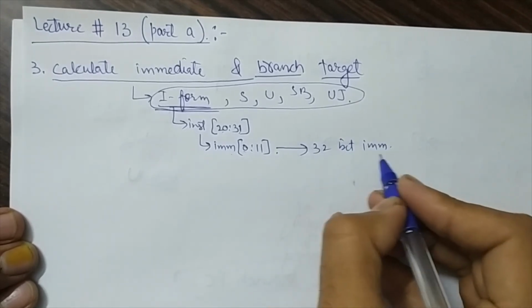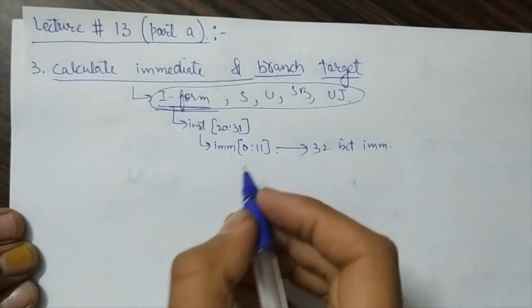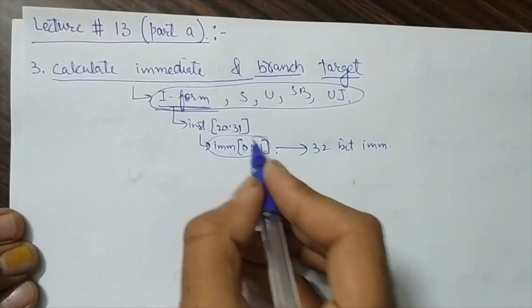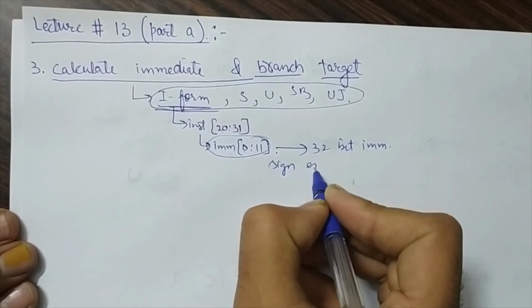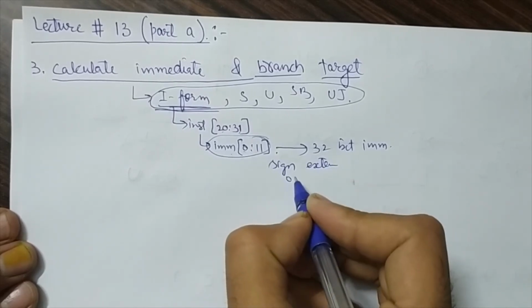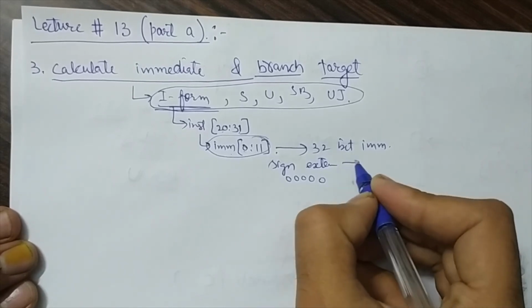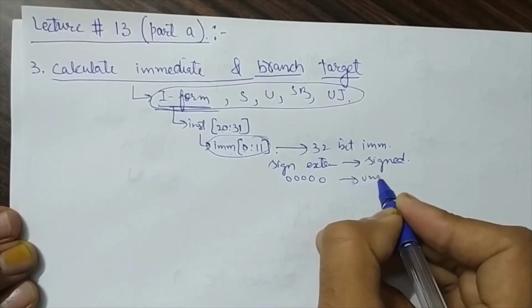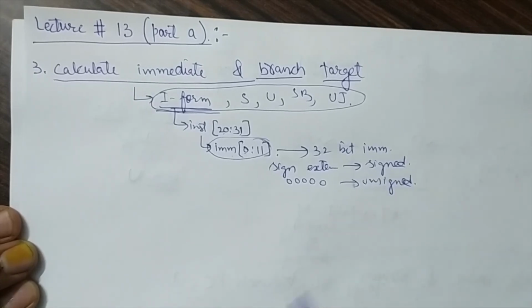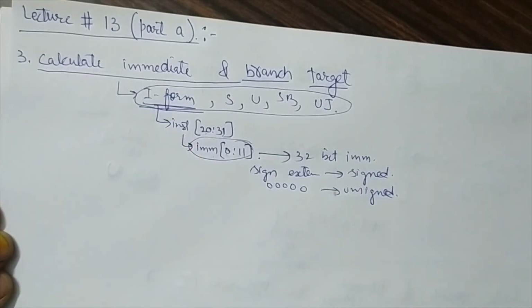How are we converting these 12 bits into a 32-bit immediate? That is done either by sign extension or by adding zeros: sign extension for signed numbers and adding zeros for unsigned numbers. That is for I format instruction.